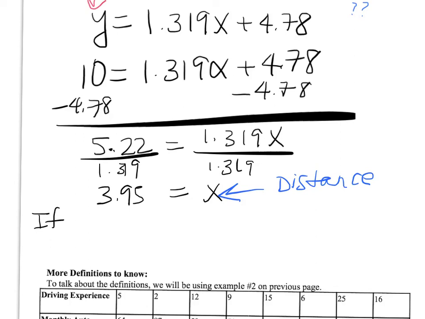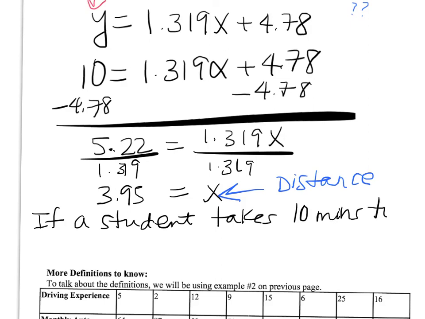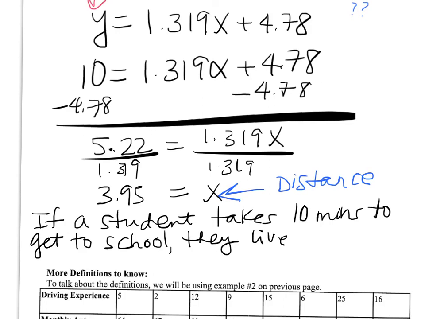If a student takes 10 minutes to get to school, they live about 4 miles from school.